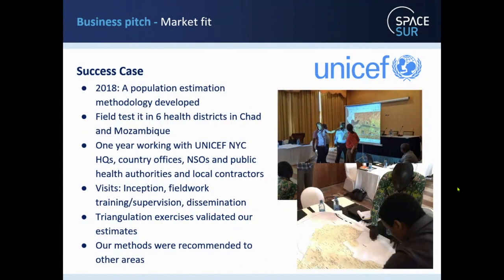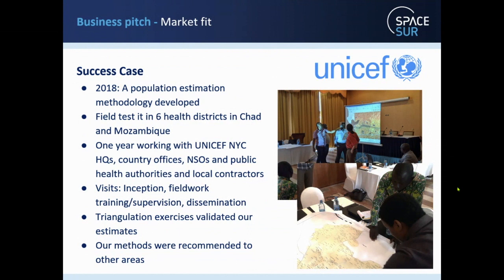Our success case was in 2018, when UNICEF went to the market with a tender, trying to define a census in areas in Africa. They defined two areas, Chad and Mozambique, and we analyzed the services and defined an out-of-the-box solution.